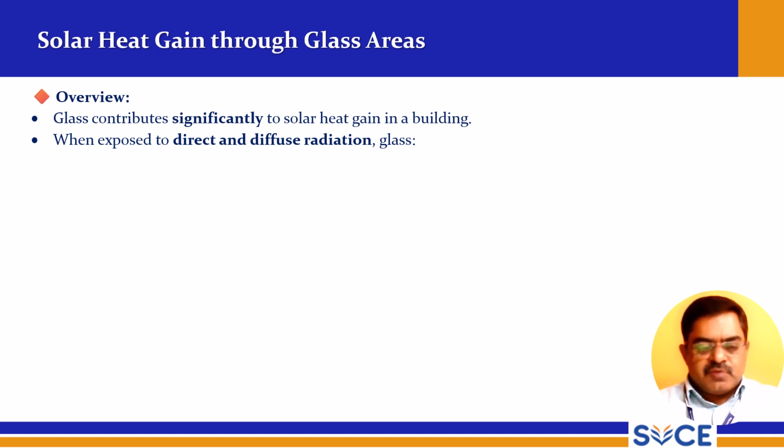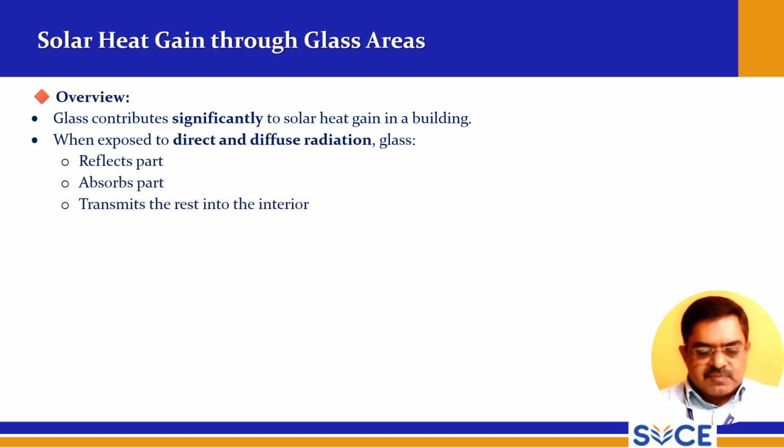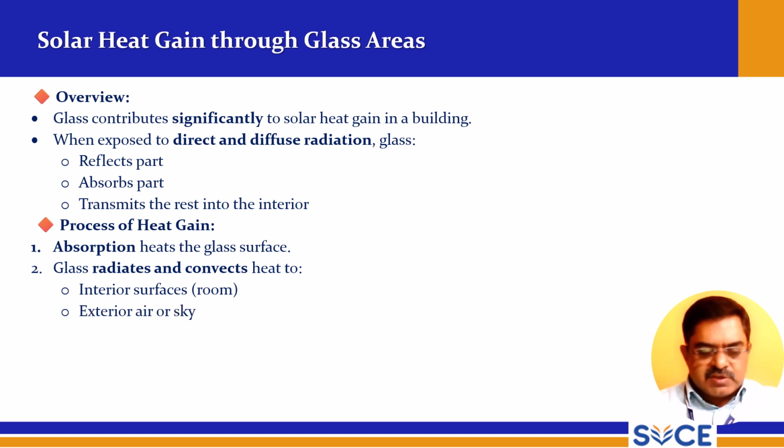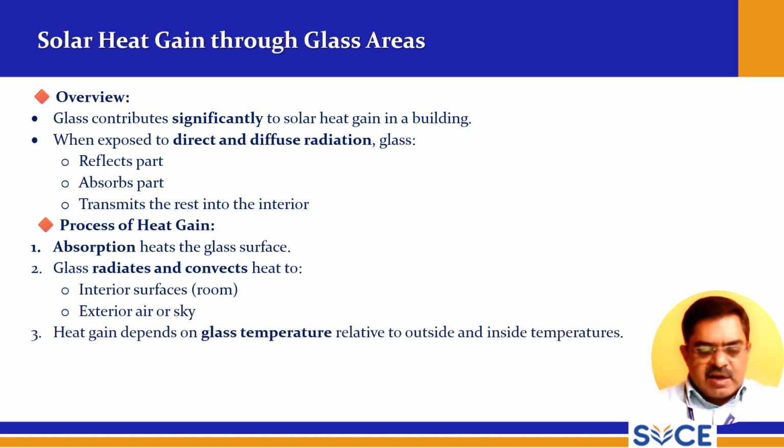When exposed to direct and diffuse radiation, the glass partially reflects, partially absorbs, and transmits the remaining into the interior. In the process of heat gain, absorption heats the glass surface, and the glass radiates and convects the heat to interior surfaces, that is the room, exterior air or sky.